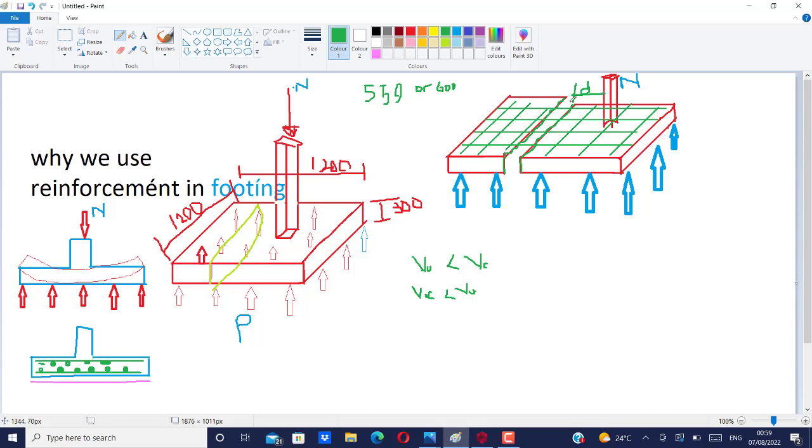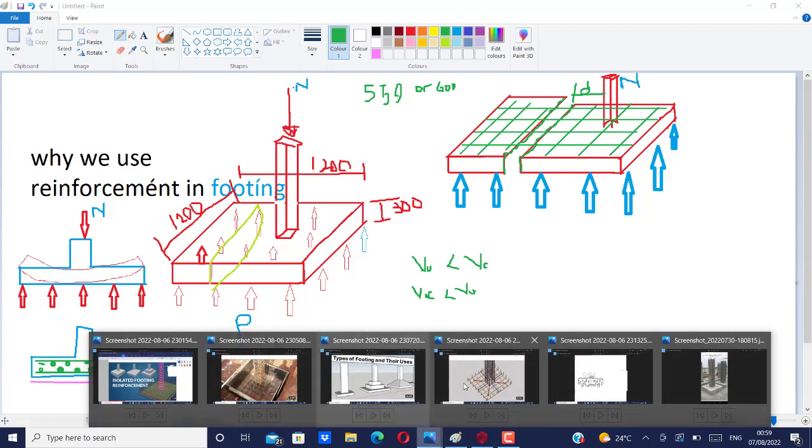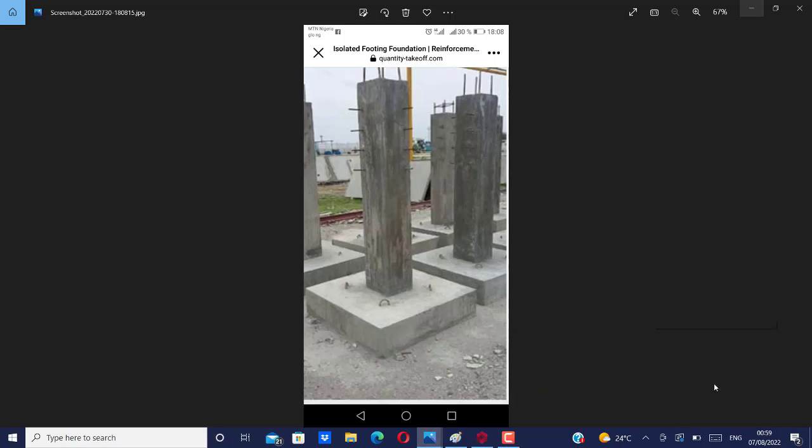From this face of the column to here, that is, if we have this footing here, let's look at this footing. Let me bring out this real life footing here. If this footing wants to shear into two this way, the code is saying that when the pressure is acting under it, it is from a distance of 1.5d, maybe probably around here.